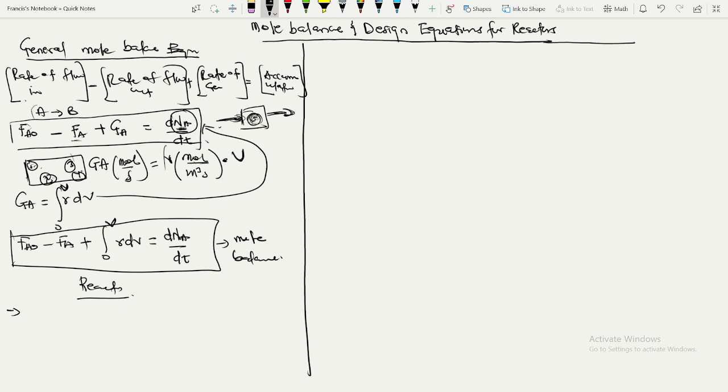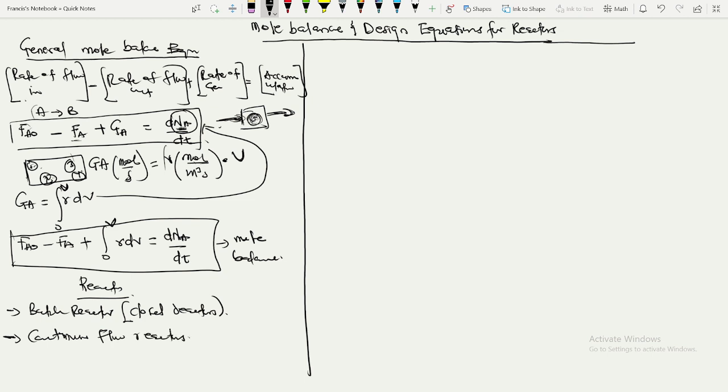There are two main types of reactors. So we have the batch reactors, or closed reactors. And then the second type of reactors, we have the continuous flow reactors.